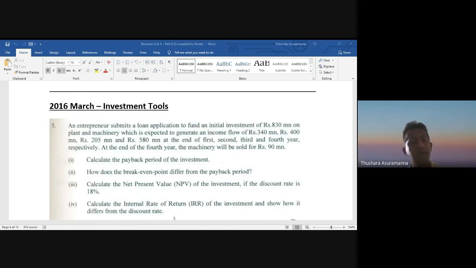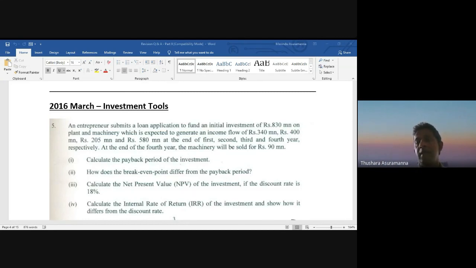Last one, you can do it at home. Since at 18% you have got a positive answer of 215, then take maybe 25% also. We get the negative NPV. So apply 25%, get the discounting factors like you did for 18%, apply that to the cash flows, and then you get the discounted cash flows.